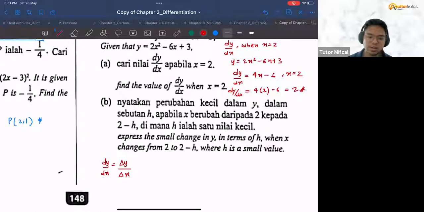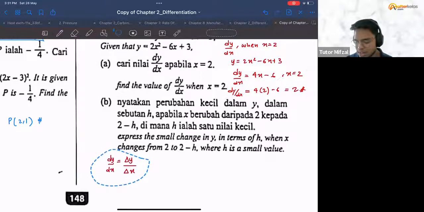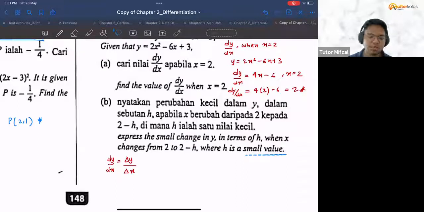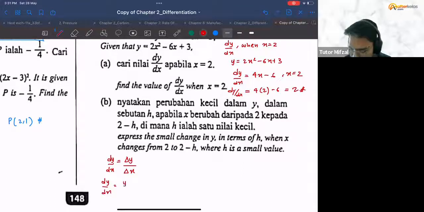For those who are seeing the formula for the first time, when there is a question on approximation or small change, these are the keywords: small change, small value. You remember this formula: dy over dx is equivalent to delta y over delta x, so delta y is y prime minus y over x prime minus x.